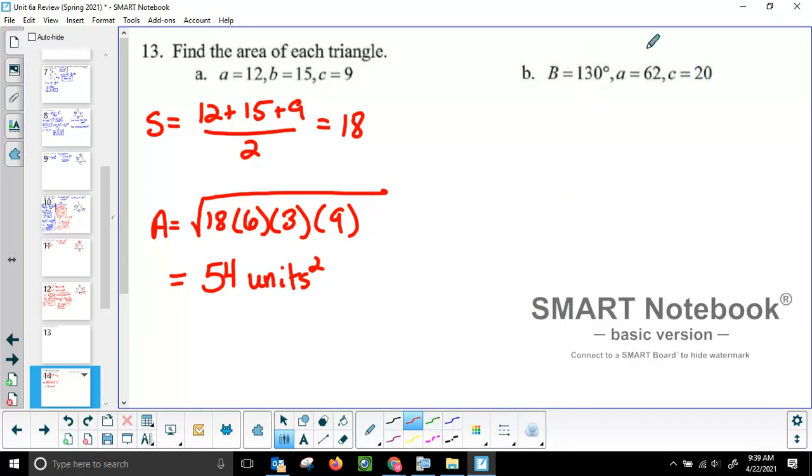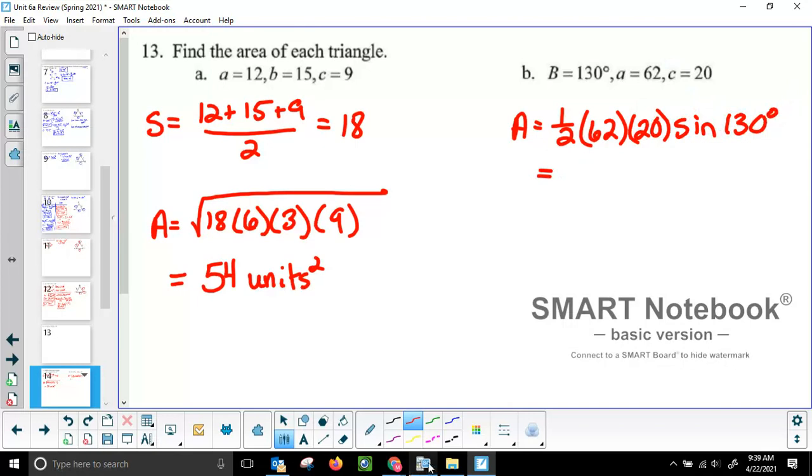Here we have the case where you have 2 sides and the included angle, and that always happens whenever all of your letters are different, A, B, C. The formula for that is A is equal to 1/2 times the product of the sides times the sine of the included angle.